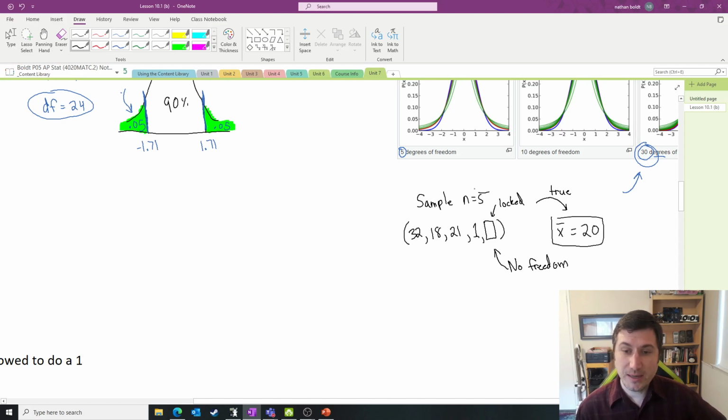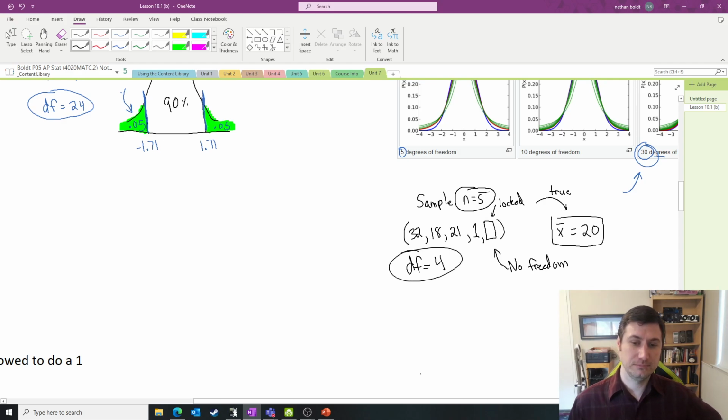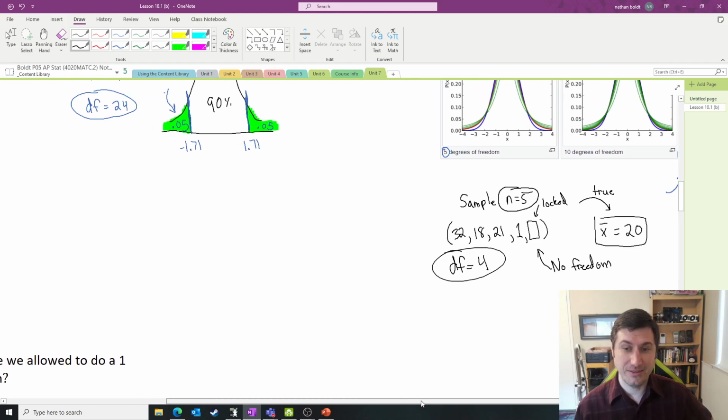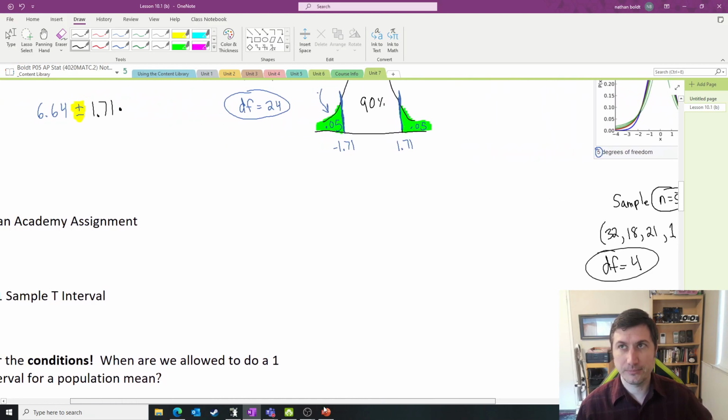So this sample size of 5 only has 4 degrees of freedom. I hope that makes some sense. For us right now, it's always 1 less than the sample size.